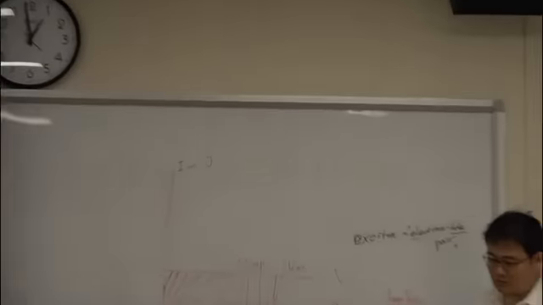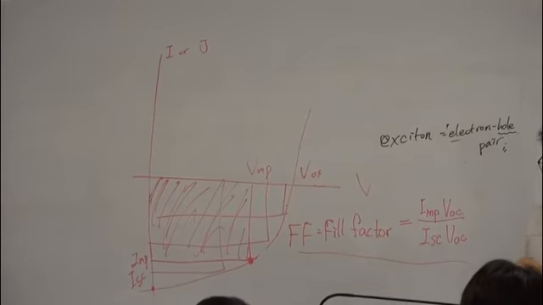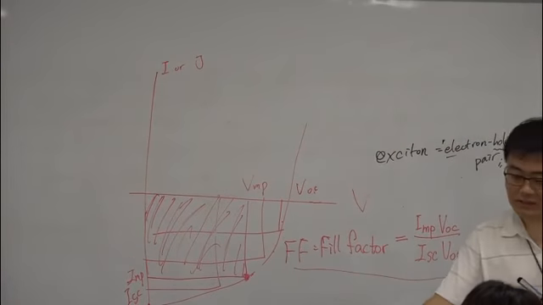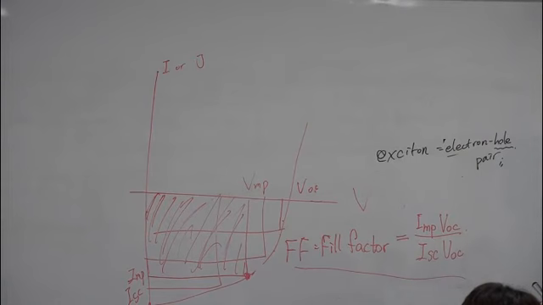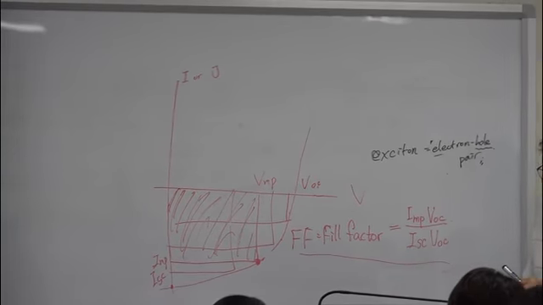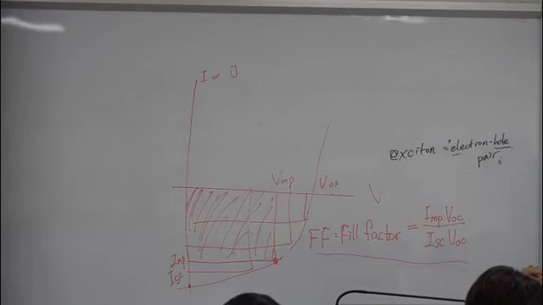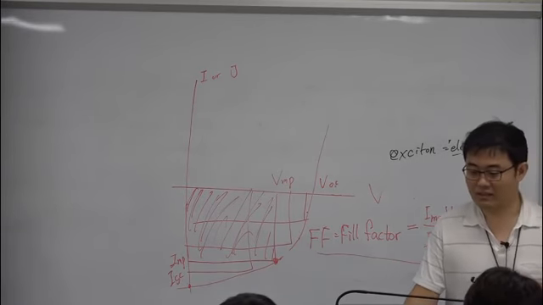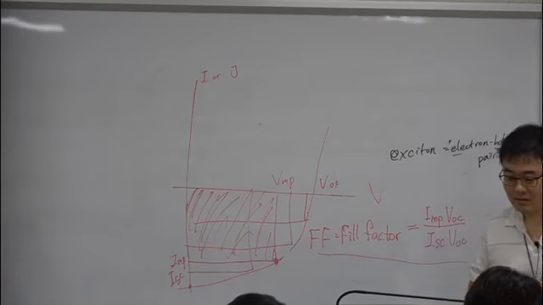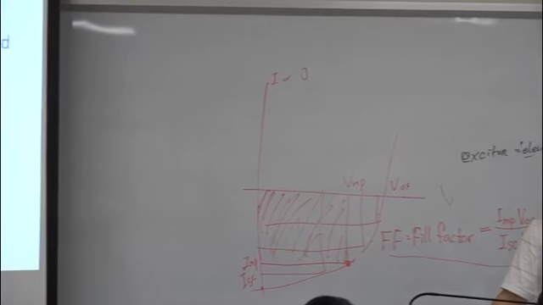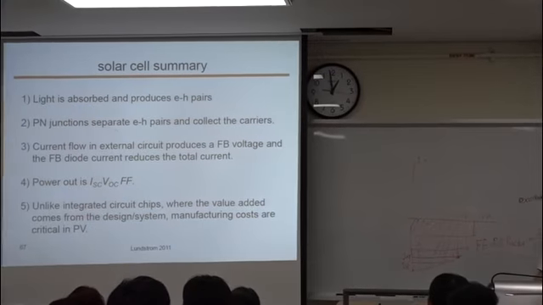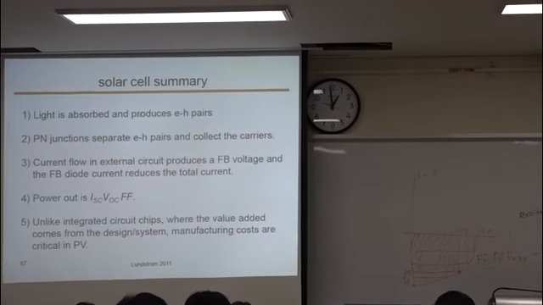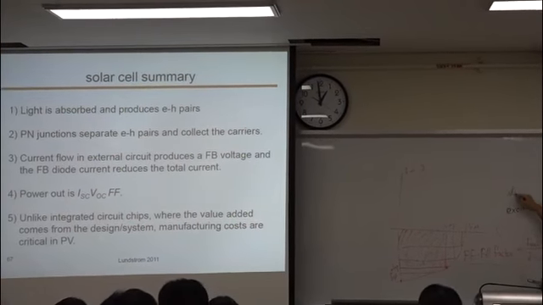Okay, and as I explained, the p-n junction, which is the interface between p-type and n-type, will allow the electron-hole pairs to be separated. So this is sort of the driving force for the separation of the electron and hole pairs. I mentioned driving force.